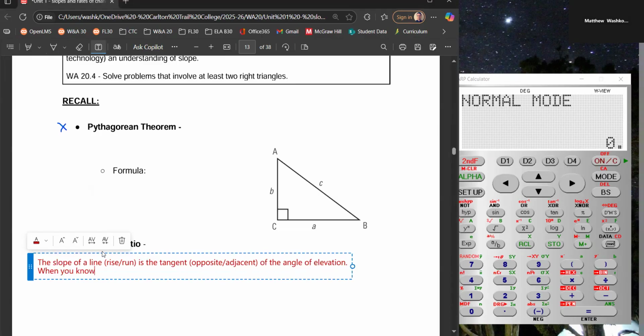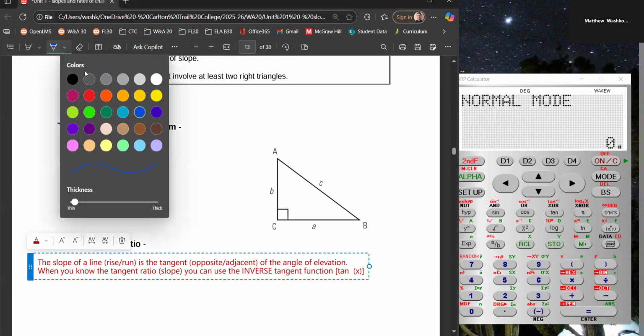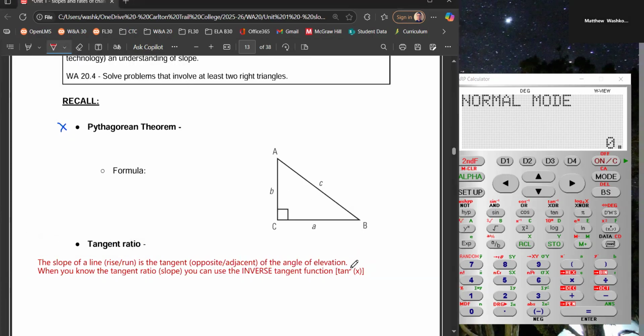So when you know the tangent ratio, that's the slope. You can use the inverse tangent function, which is tangent to the power of -1 of x, and it'll look something like that.